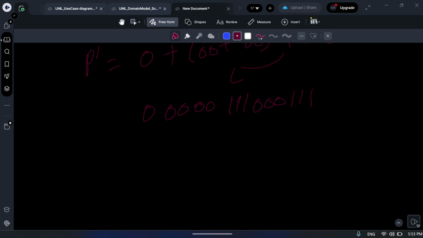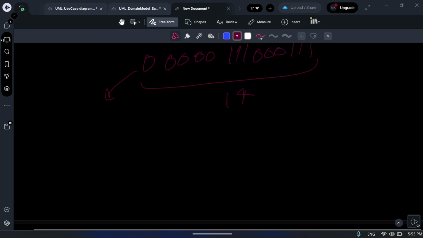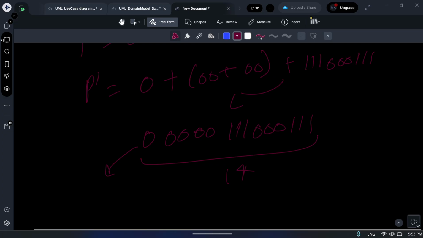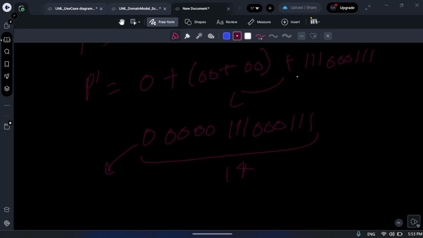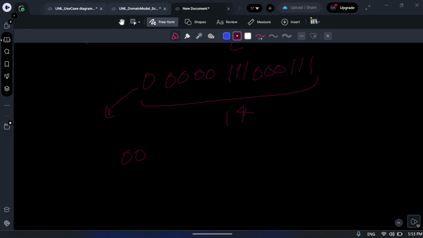Let's check if this string can be split into two identical halves. Of course it cannot, because the total length now is 14. If we slice it exactly down the middle into two halves, the first half is 0 0 0 0 0 0 0, five zeros and then 1 1.